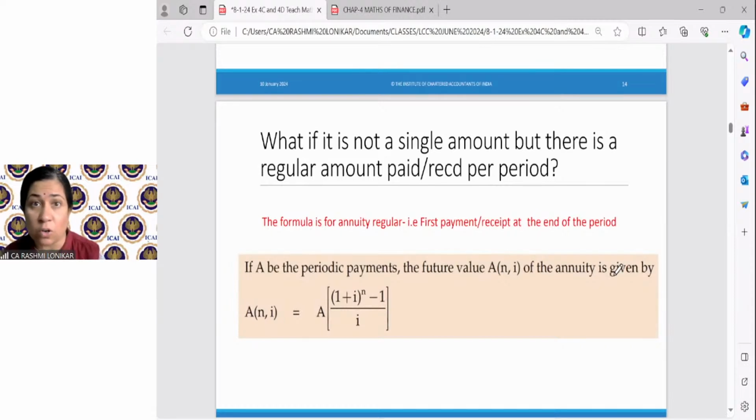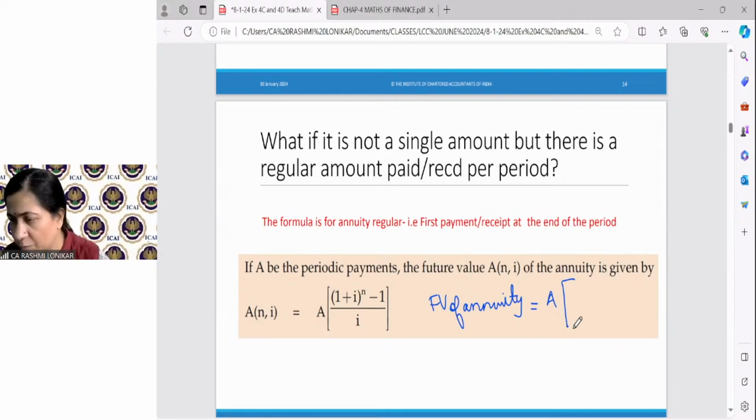Second formula, when we are talking about future value of annuity. If you're not able to remember in terms of letters, you can write down: future value of annuity is equal to A, that is the amount that I pay as annuity, into 1 plus I raised to N minus 1 upon I. This is going to give me the future value.